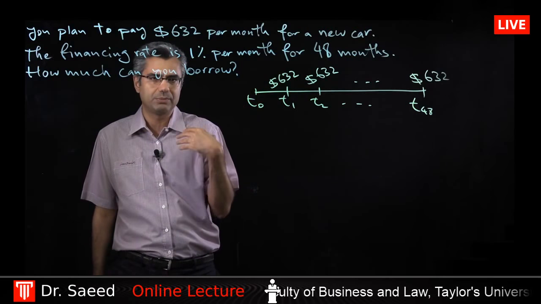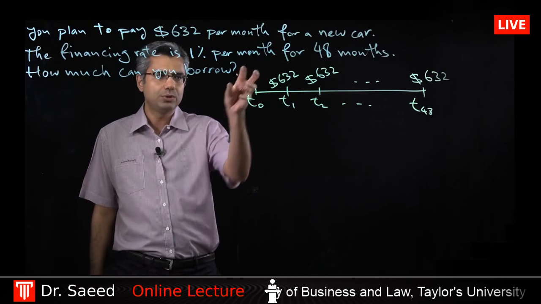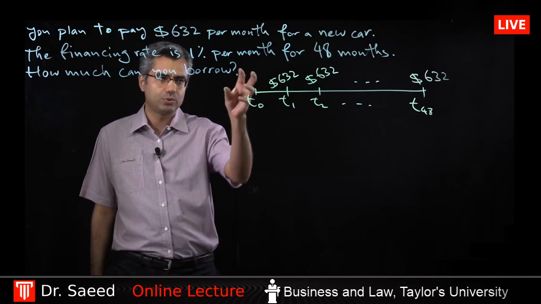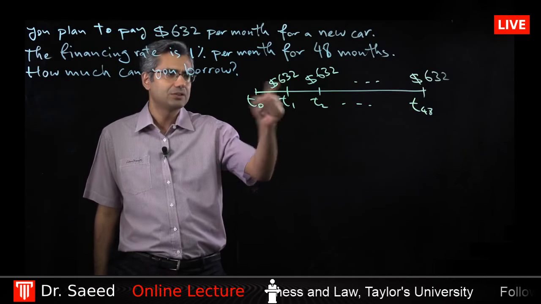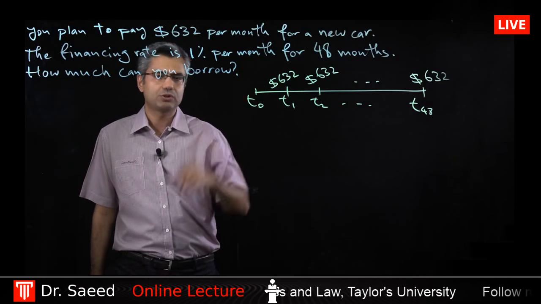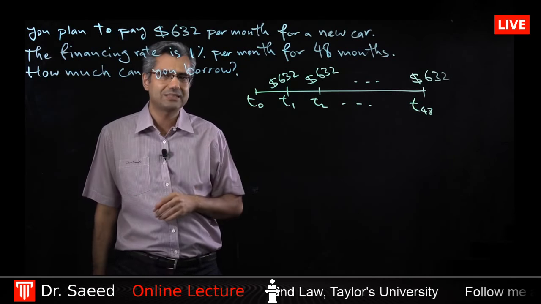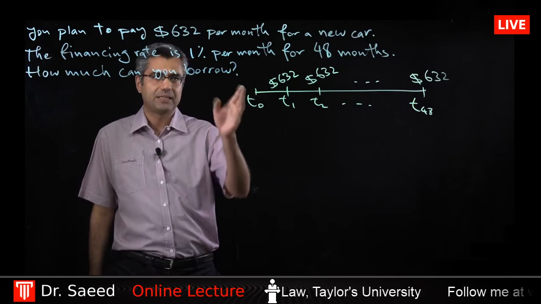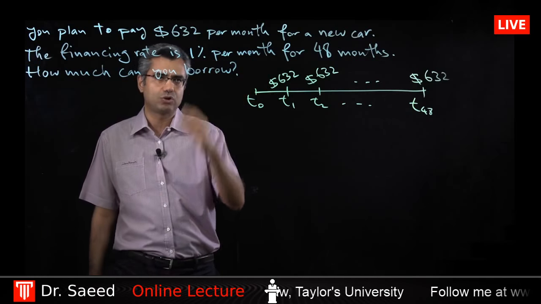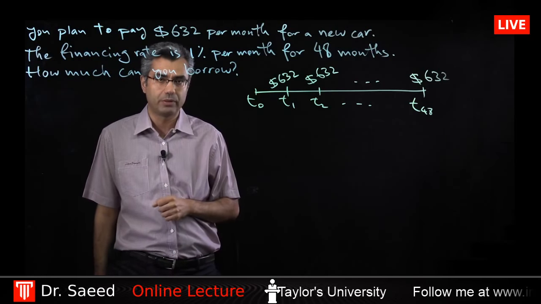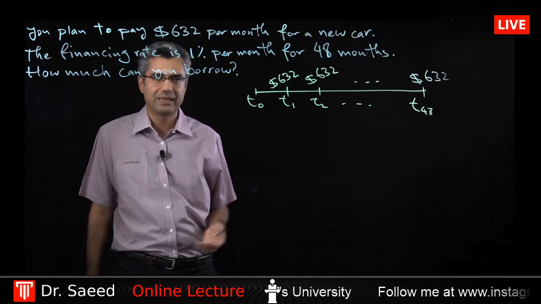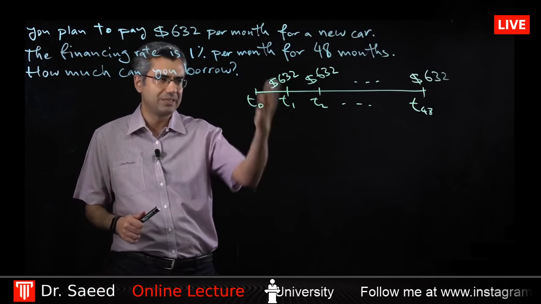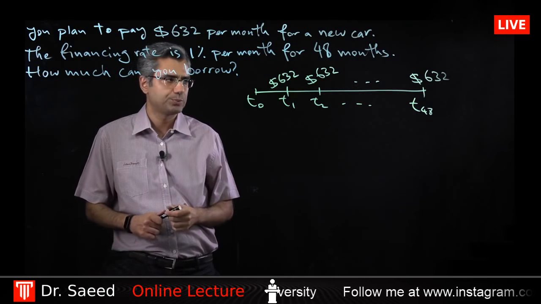The bank lends you the present value amount, so it will lend you some money. Then in return, you have to pay back $632 for the next 4 years every month. And the bank, in this case, apparently is charging you 1% per month. So we want to know how much we can borrow if we want to pay this amount. This means it will be the present value of these future cash flows.